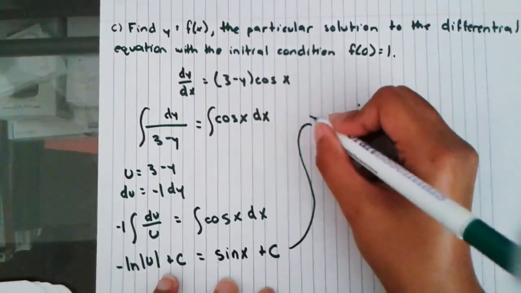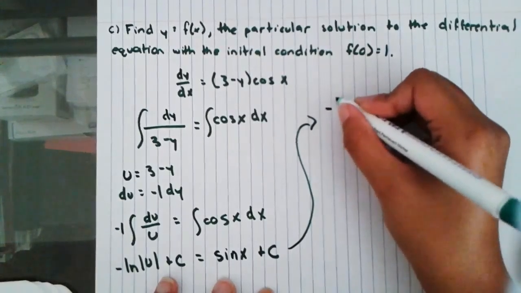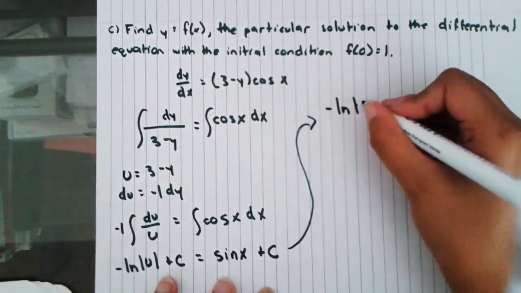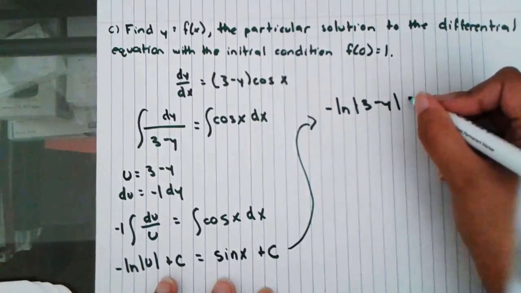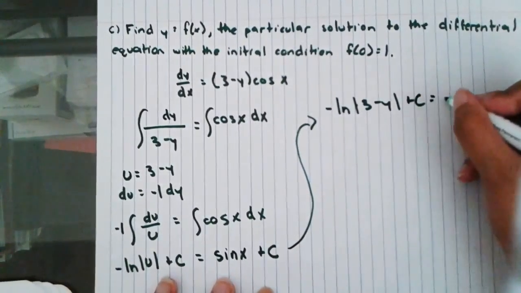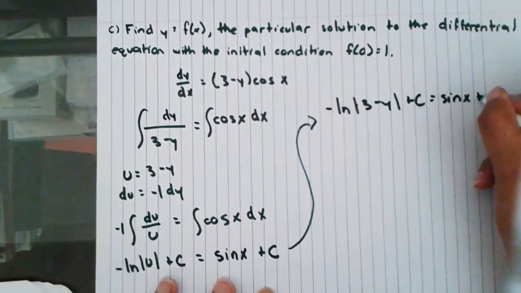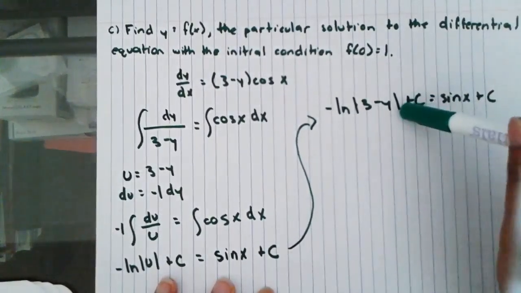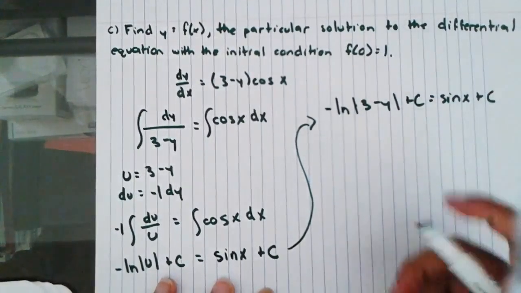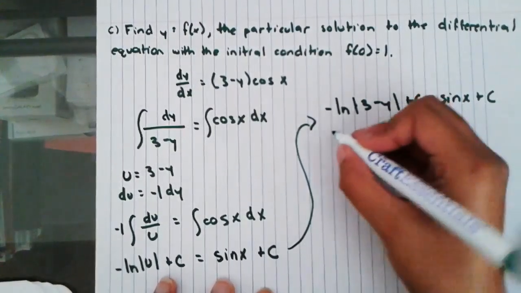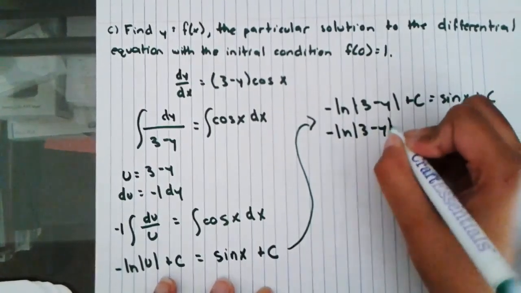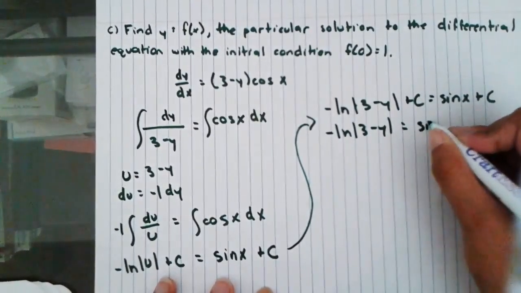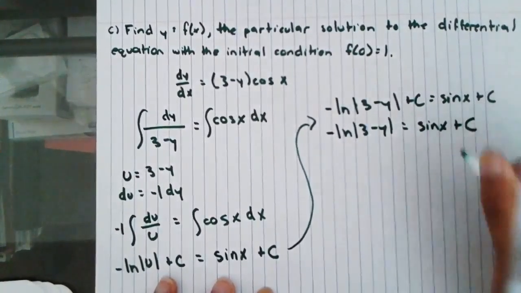So negative natural log of (3 minus y) plus c equals sine of x plus c. You could subtract c on both sides and we'll still have a constant on that side. So negative natural log of (3 minus y) equals sine of x plus c.